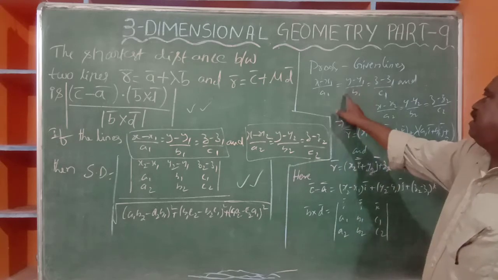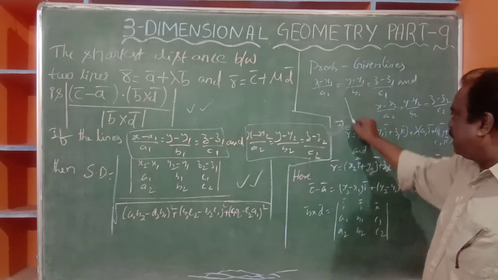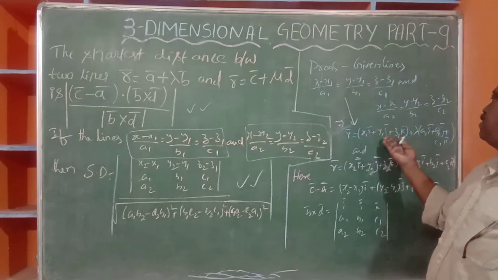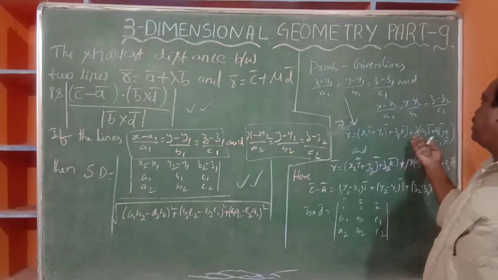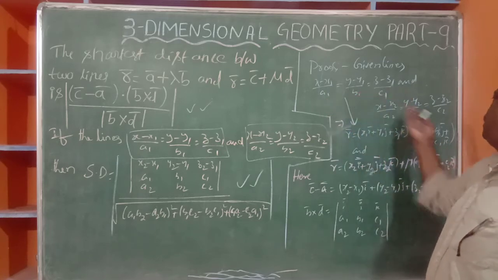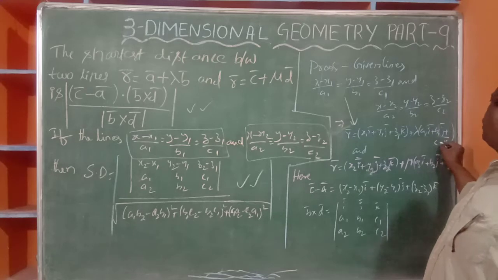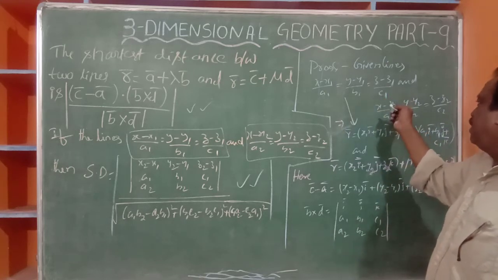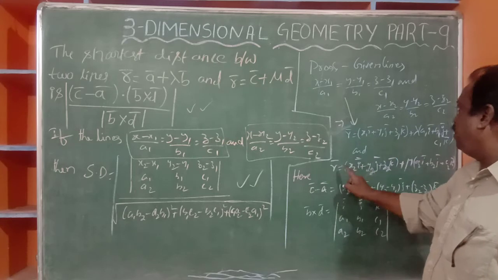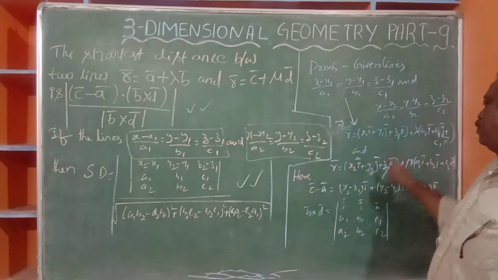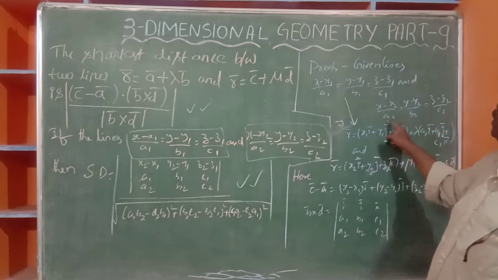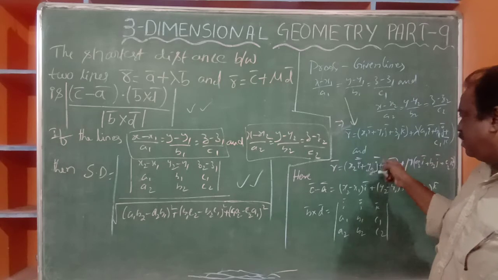This is the Cartesian line, and the related vector equation is r bar equals x1 i plus y1 j plus z1 k, plus lambda of a1 i plus b1 j plus c1 k. Next, the second one is r bar equal to x2 i plus y2 j plus z2 k, plus mu of a2 i plus b2 j plus c2 k. These are the two lines.